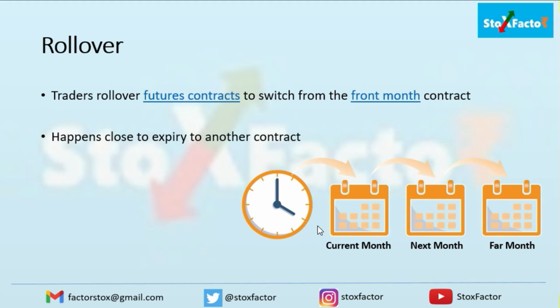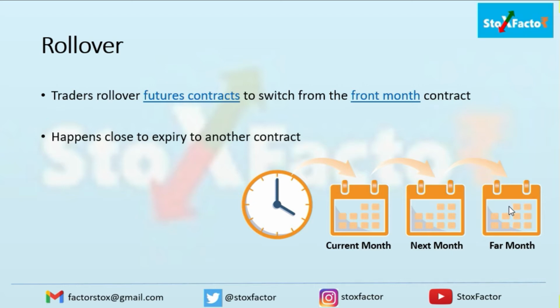So now, how is the rollover calculated? We have understood the definition of rollover, now how in the market the rollover is calculated. It's basically you sum up all the futures contracts' open positions for the current month, next month, and far month. So whatever outstanding open interest is for the current month plus next month plus far month, and then you also calculate the open interest of only the next month plus far month.